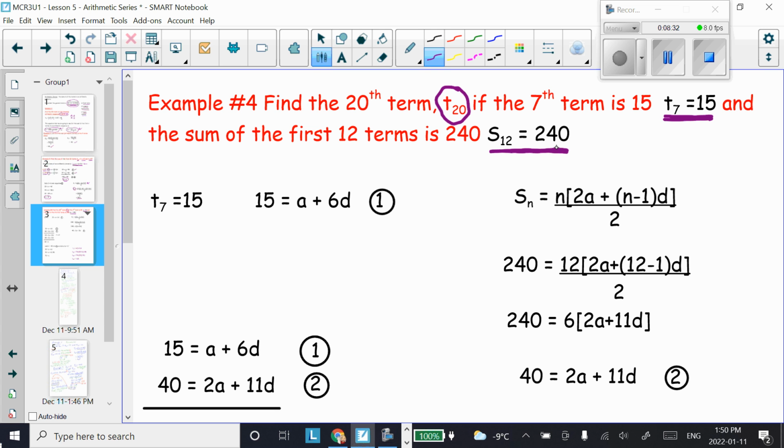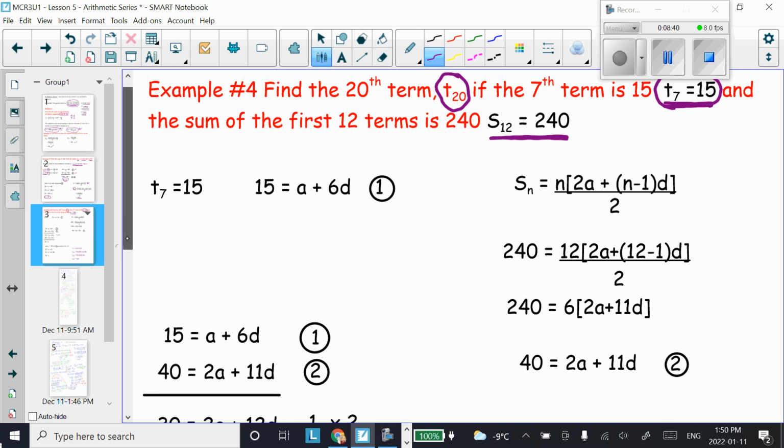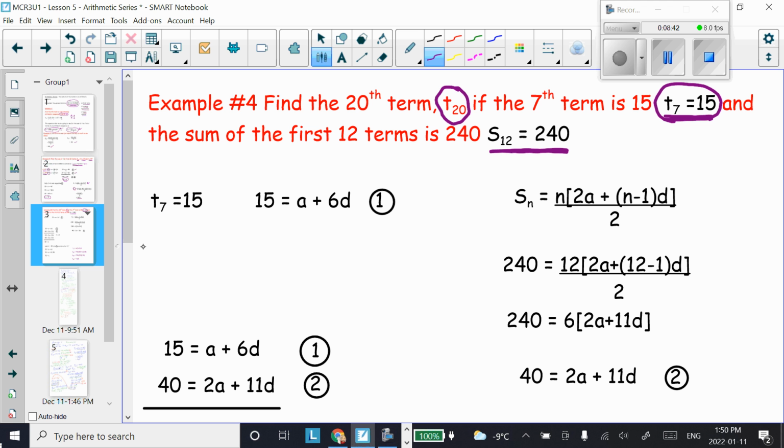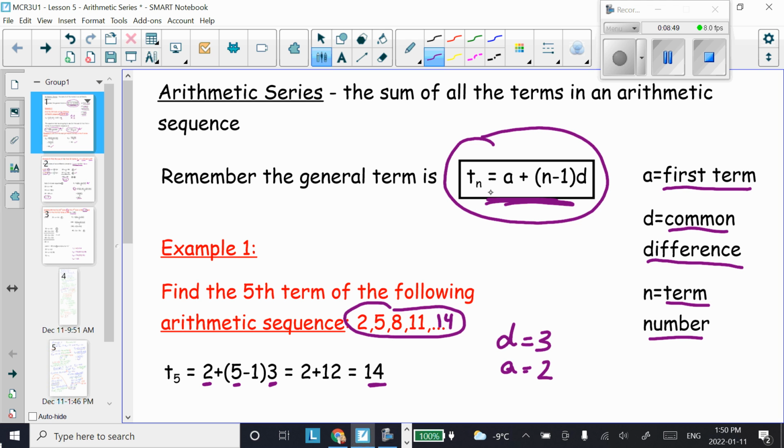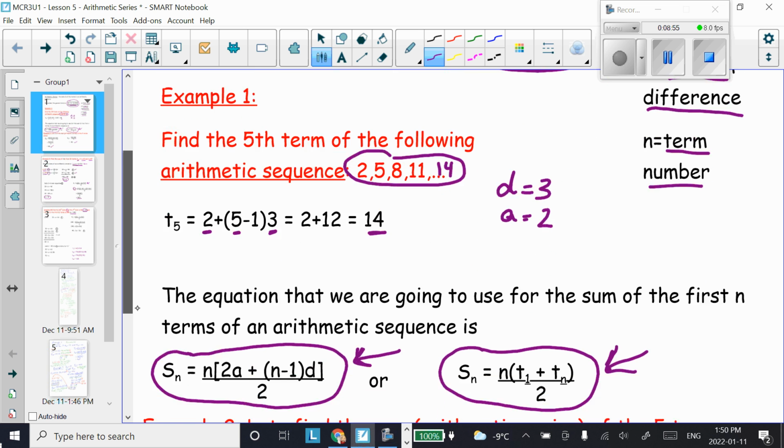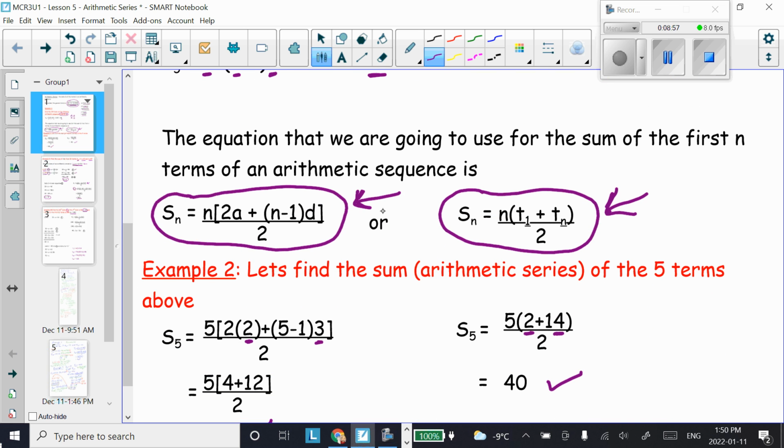So starting with the first equation, we are given that T7 is equal to 15. So since we're given that, we want to start with that equation. We're going back and forth. I'm going to go back to the first slide. We're going back and forth between the general term equation, and then we're also using one of the new sum equations.